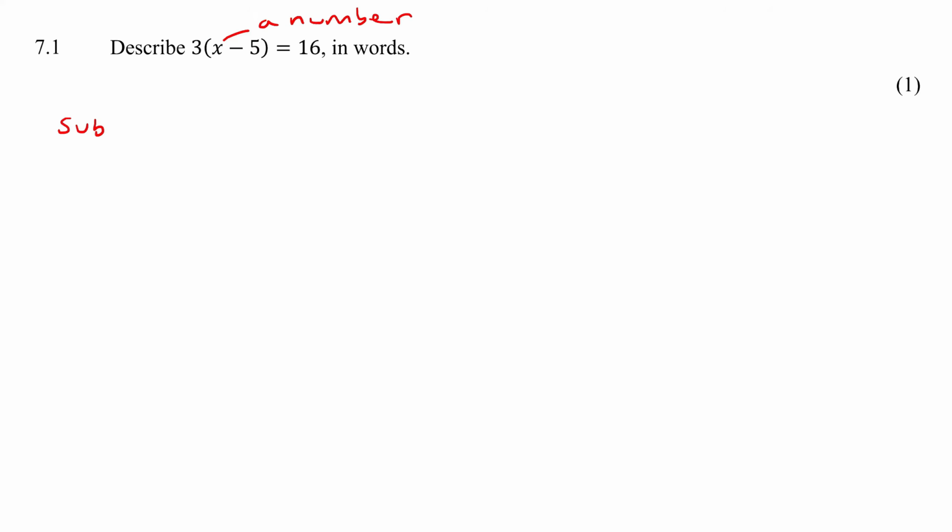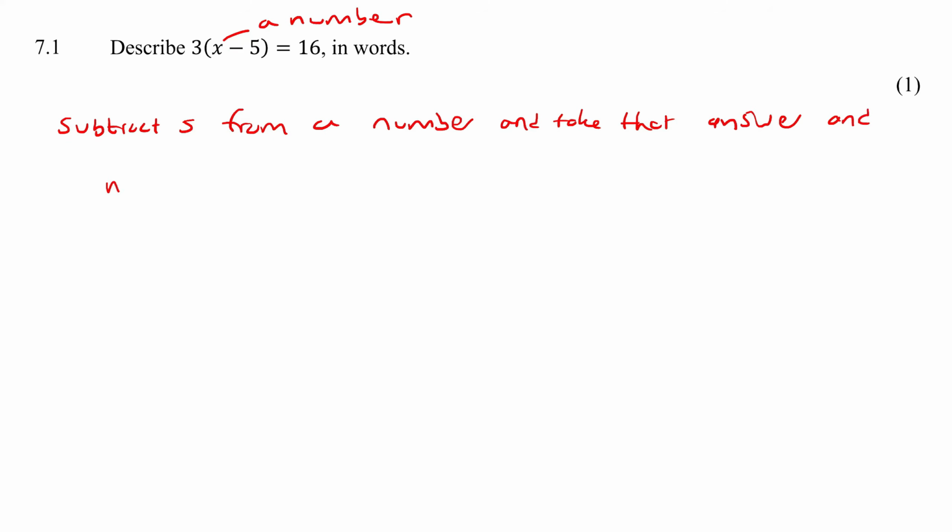So subtract 5 from a number and take that answer and multiply by 3 to get an answer of 16. Okay, and in words, maybe we should say 5. They're not too strict on that, to be honest. And then 16.